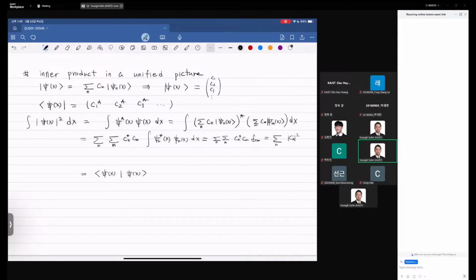The expression is this. And then its matrix form is what? C1, C2, C3, and so on, and C1, C2, C3, and so on. And you can see this expression is, as we have learned, according to our definition.